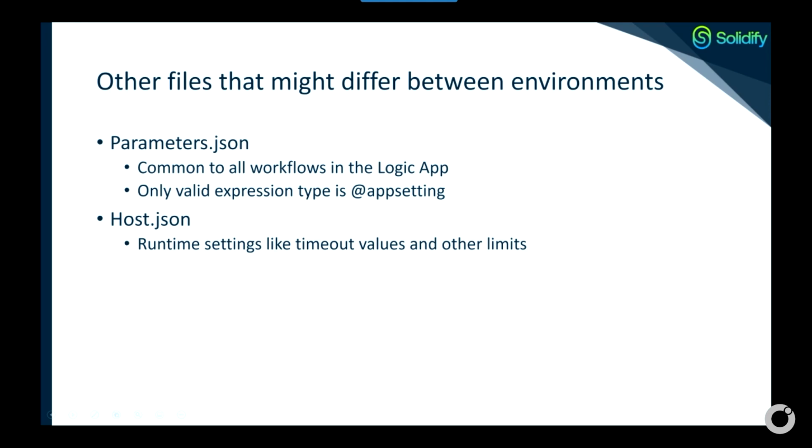Then you have the host JSON. There you have things like, let's say that you're working with large messages with Service Bus. It might take some time to get those large messages, so you want to set some timeout values there.